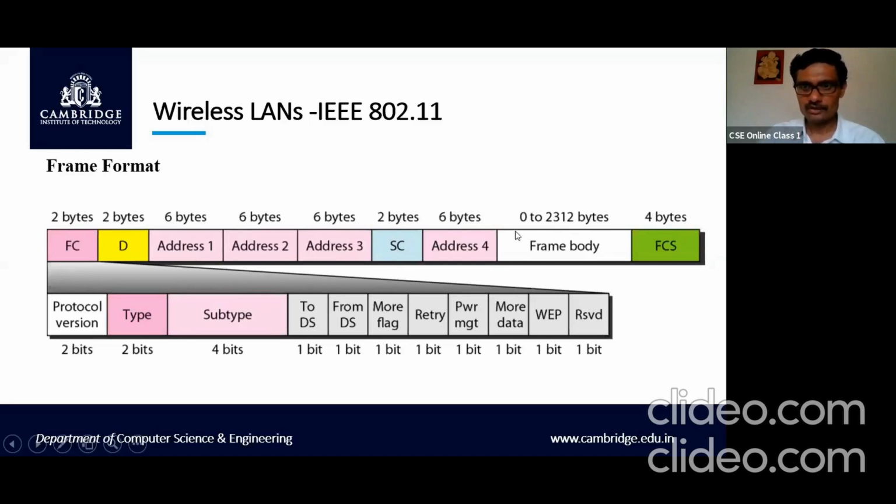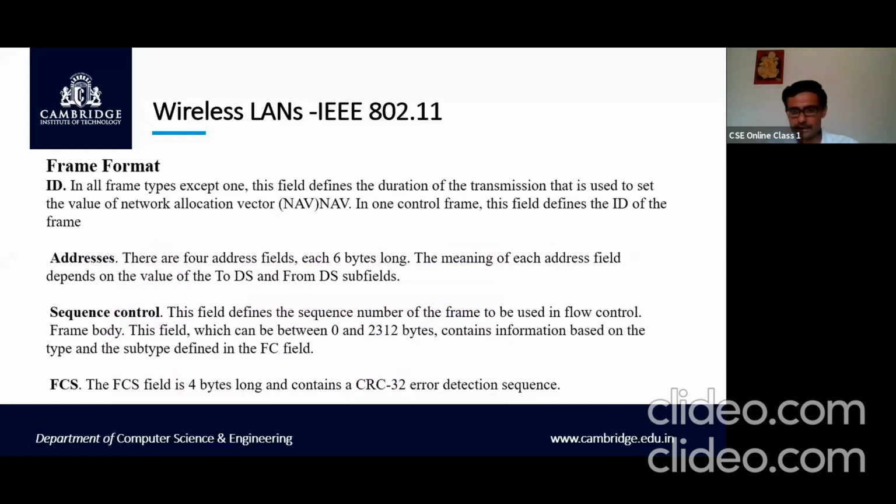So 34 plus 0 is equal to 34 bytes, the minimum length of this 802.11 frame. Similarly, 34 plus 2312 is 2346, the maximum length of the IEEE 802.11 frame. Okay.